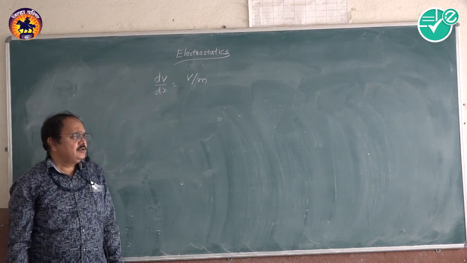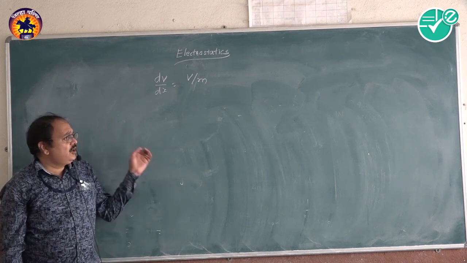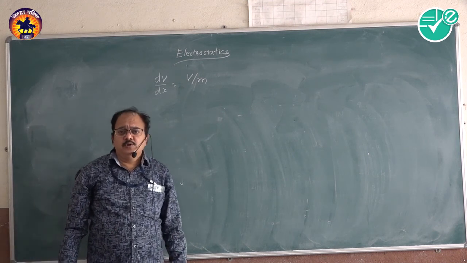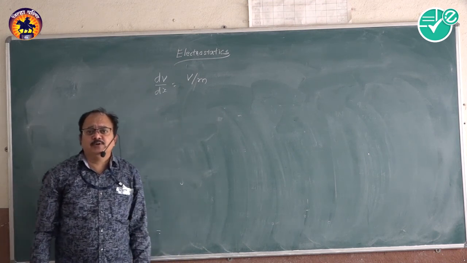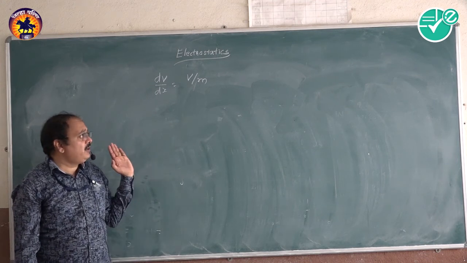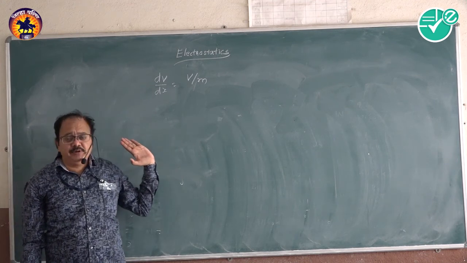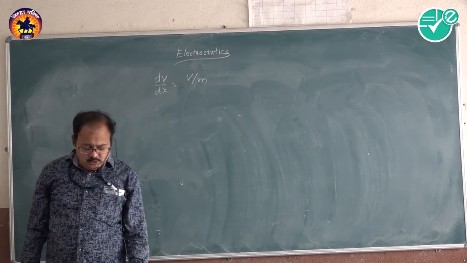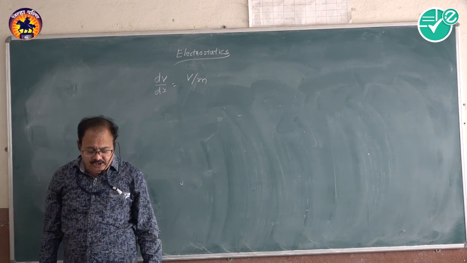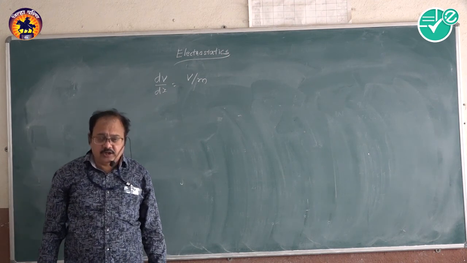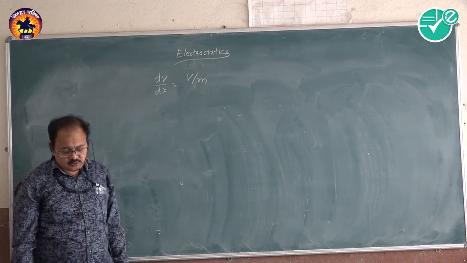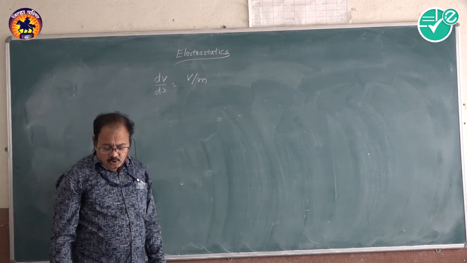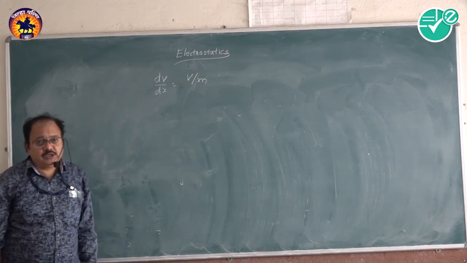The surface passing through all the points at the same potential in an electric field is called an equipotential surface. Hence, no work is done in moving a charge on an equipotential surface.